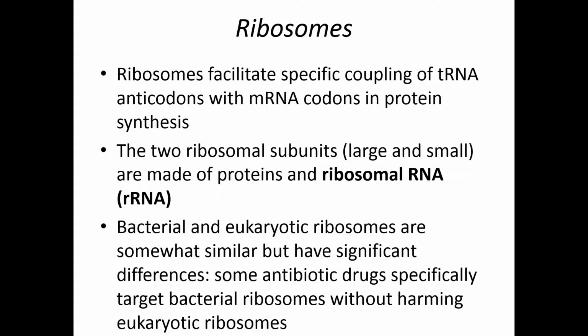Now, your ribosomes are the site of protein synthesis. This is where your messenger RNA and your tRNA molecules interact. You can think of the ribosome as having a small subunit and a large subunit. Think of the ribosome as kind of the docking station for your messenger RNA transcript.